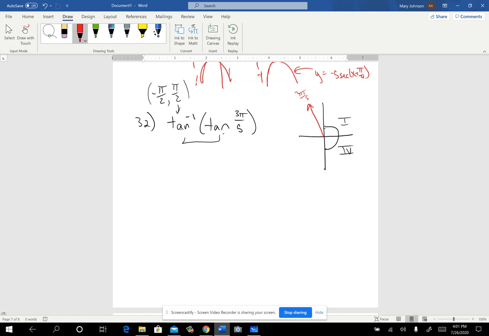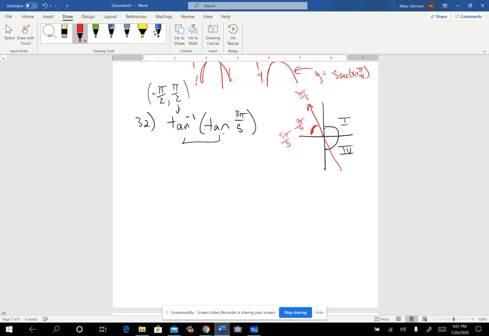You need an angle that would have the same tangent as that, which would be actually over here. If this piece is 3 pi over 5, and this is 5 pi over 5 when you get there, that means in here you have 2 pi over 5 as your reference angle.